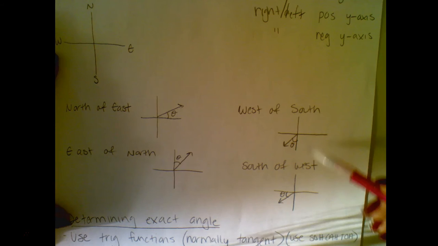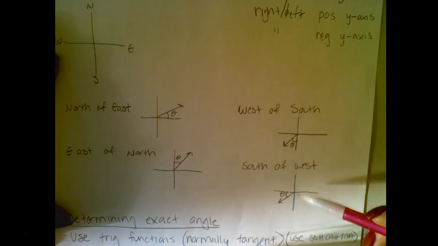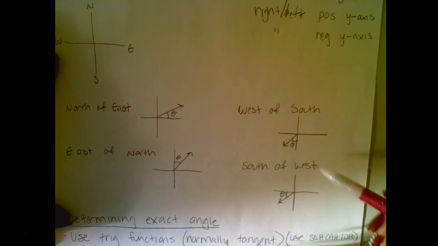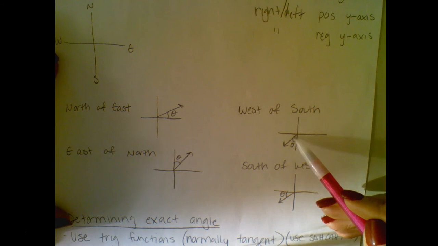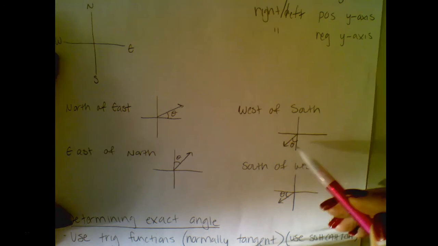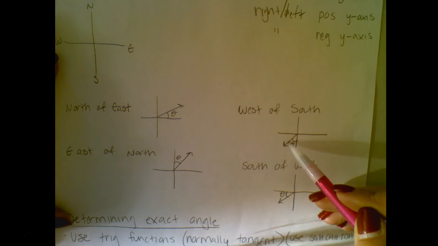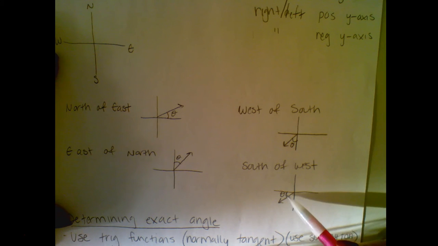Here I've drawn the same vector, or as close as I can to the same vector, for west of south and south of west. And so you can see that if I'm directing you to this vector, where I want this vector to be, I can either use this angle and say west of south, because I would start at south and go west, or I can use this angle but say south of west, so I start at west and I go south.